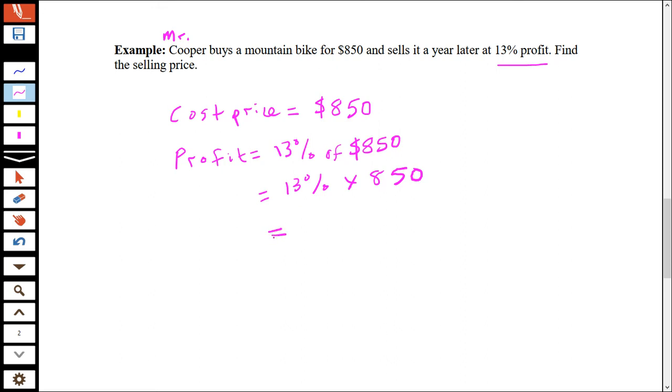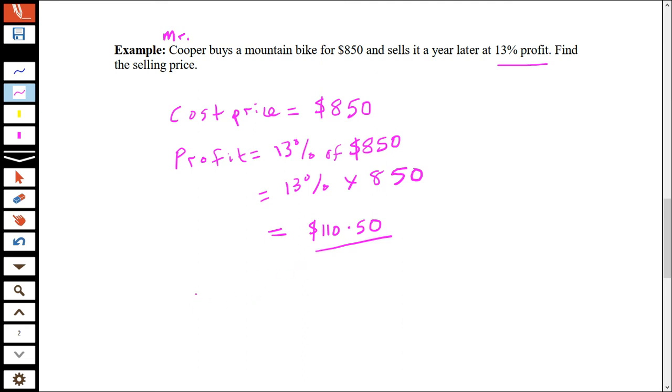Okay, put them into your calculator. So 13, now the percent button is just above the bracket key on your calculator. You've got to press shift and then the left bracket and times 850, and you get 110.50. There we go, 110.50. Okay, so that's the profit that was made.